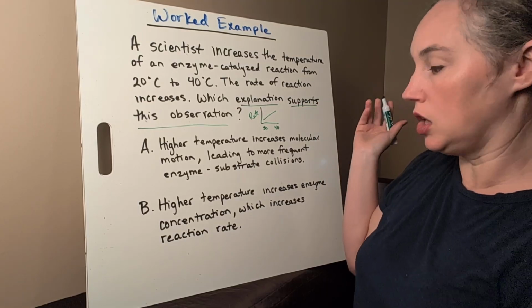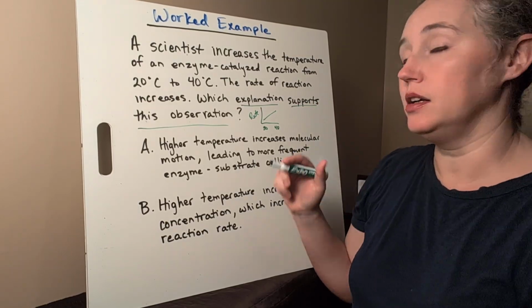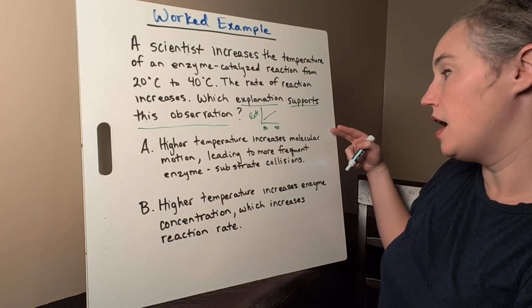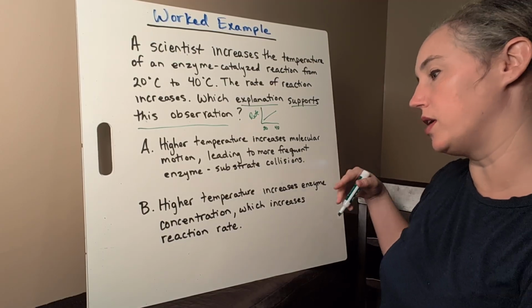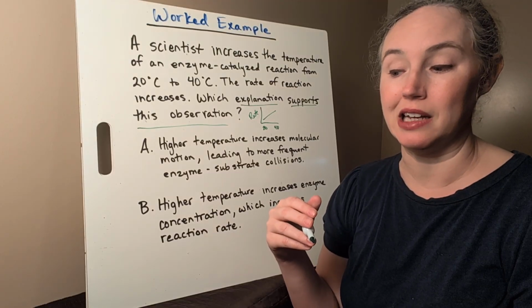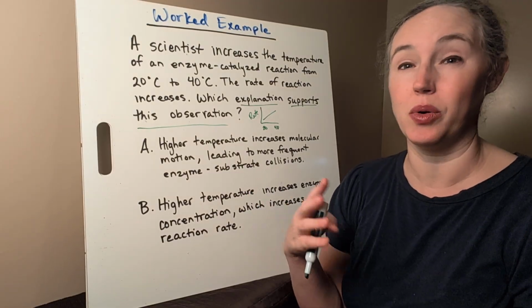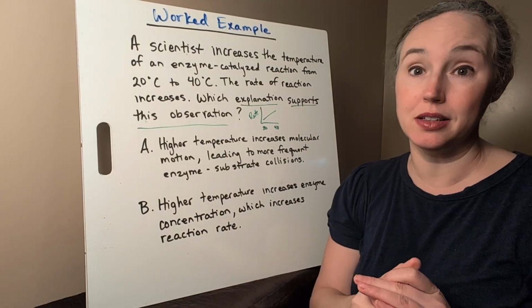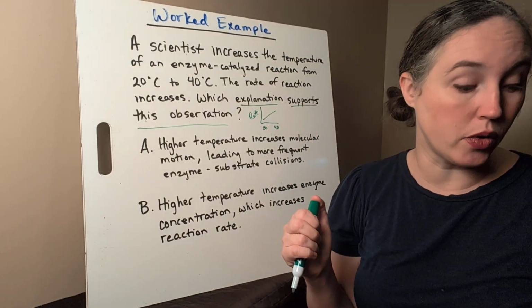Awesome. So these are both explanations, so it's not like one of them is predicting or justifying when we should be explaining. So we did reread, but we still have two pretty okay answers.